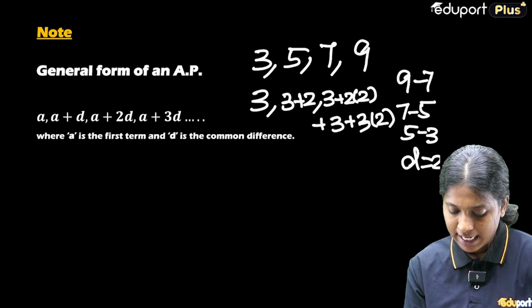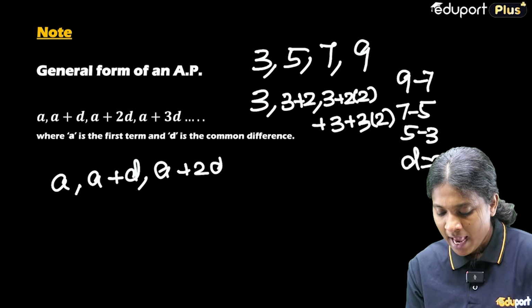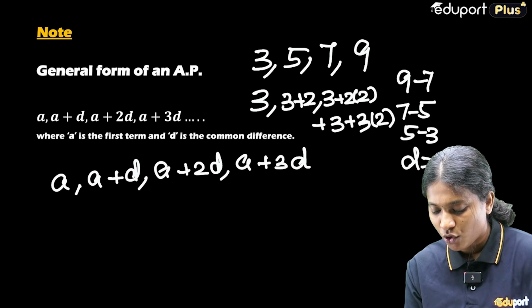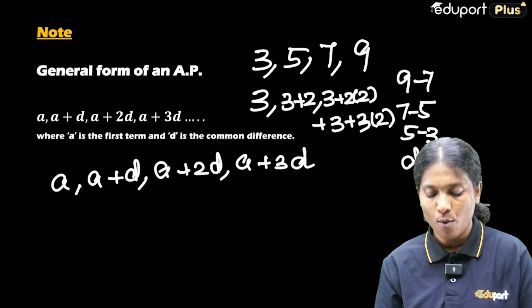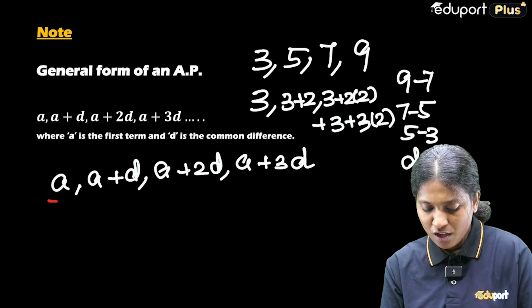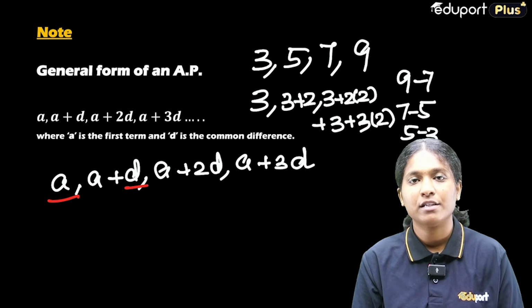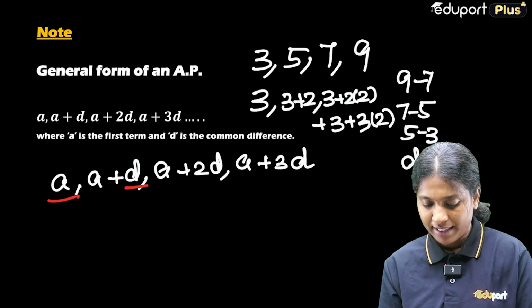That's why we write it as A plus D, A plus 2D, A plus 3D. So, this is the general form of an AP, where A is the first term and D is the common difference.